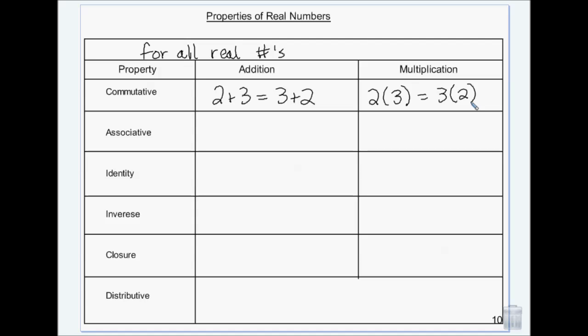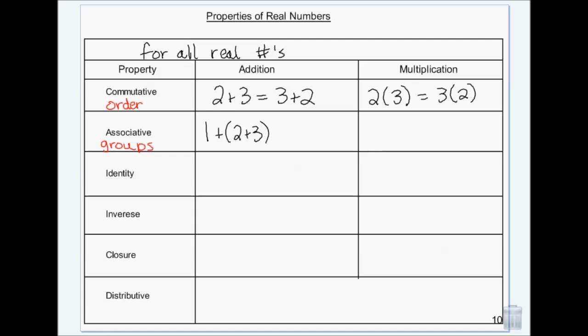So with the associative property, the commutative property is the order, and the associative property is about groups. Associations are groups, right? The National Association of Women, that's a group of women. You have the American Heart Association, that's a group of heart doctors.